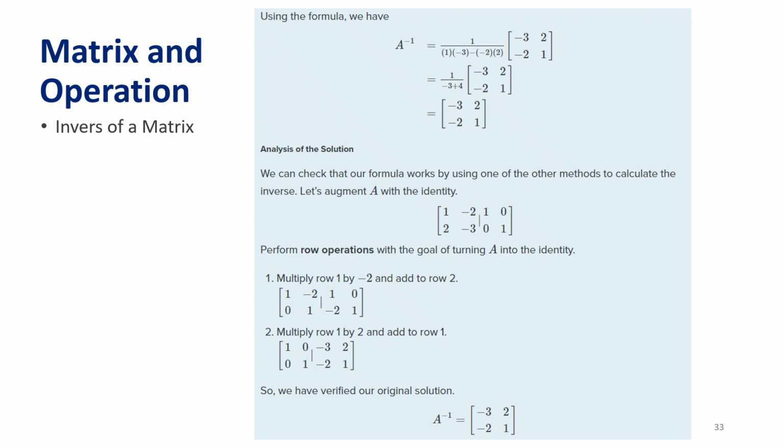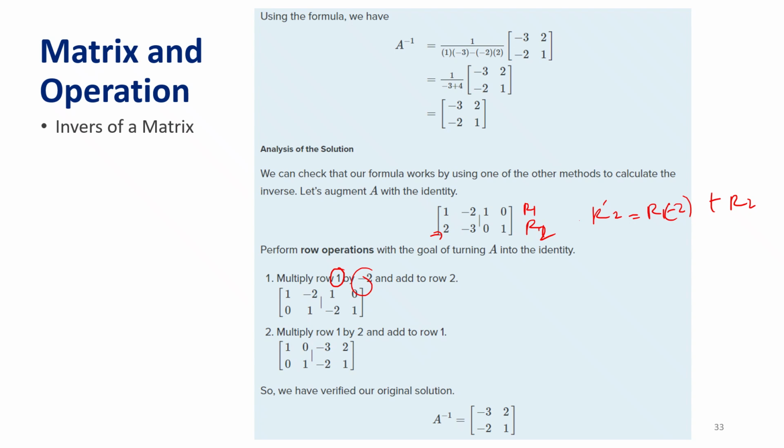For example, first you multiply row 1 by minus 2, and then add it to row 2. So the new row 2, we want to make this one 0, will be equal to row 1 multiplied by minus 2, plus the original row 2.